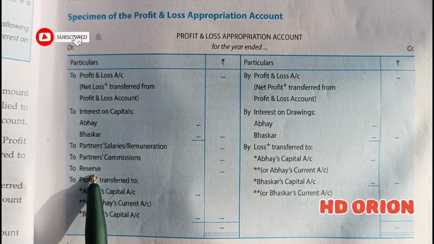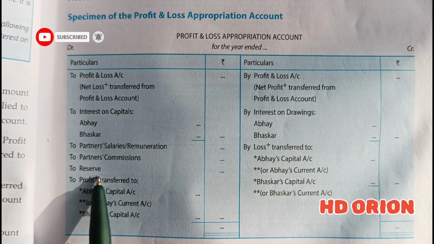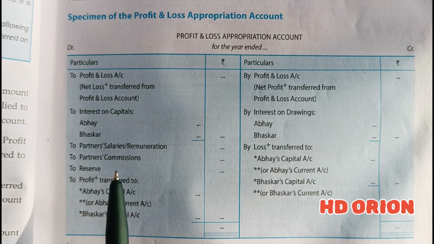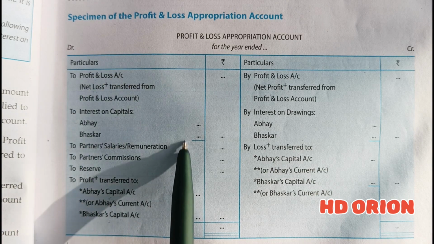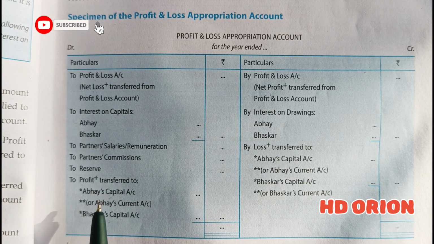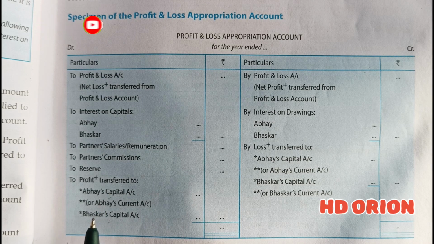The reserve is also an undistributed profit. It is created out of net profit. Fine, it is not a charge. So all these things are appropriation of profit. These are not charge against profit. If they are charge against profit, then it has to be treated in profit and loss account, not in profit and loss appropriation account. Now let us see some questions related to the topic.